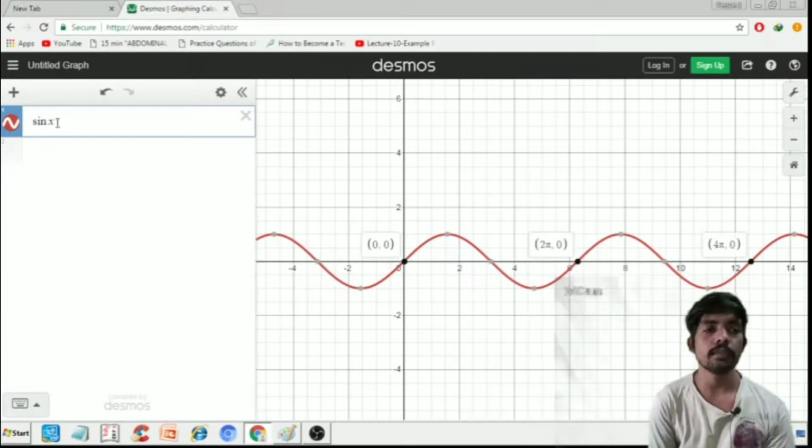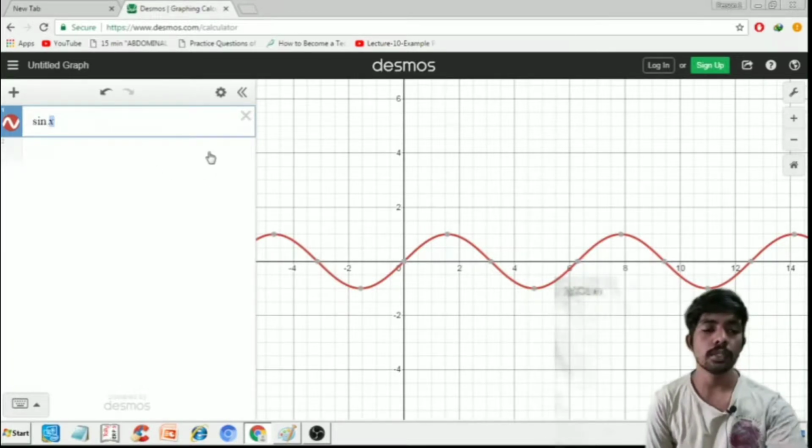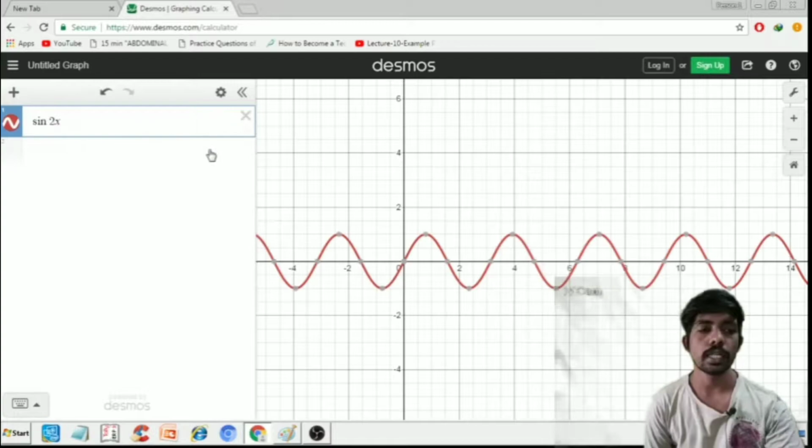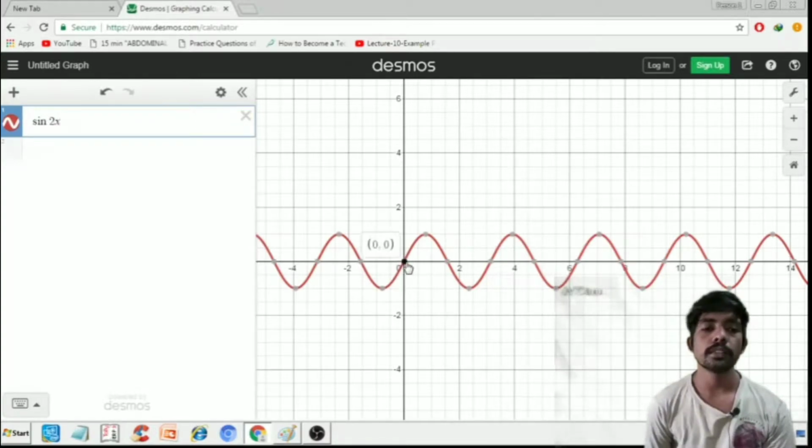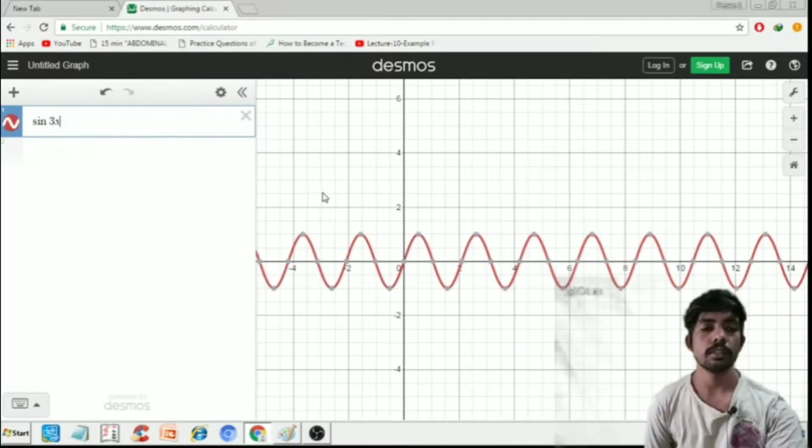Let us consider one more, sin 2x. Then the period is 0 to pi. That means the period of sin 2x is pi. Next, sin 3x is 0 to 2 pi by 3, and next consider sin 4x.